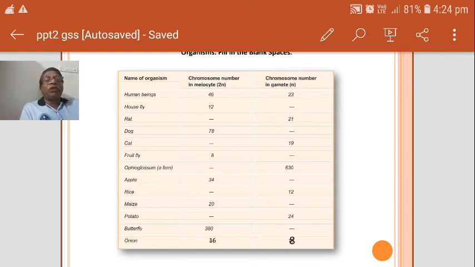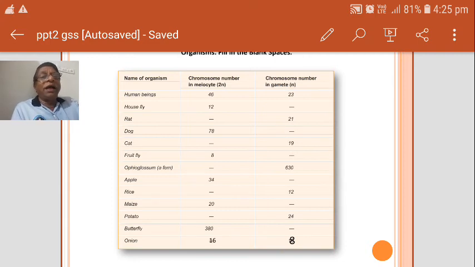What about the least chromosome number in case of animal kingdom? The animal Ascaris megalocephala, variety univalens, a parasite we call roundworm of horse, which contains the least chromosome number in the animal kingdom, that is 2n equals 2.